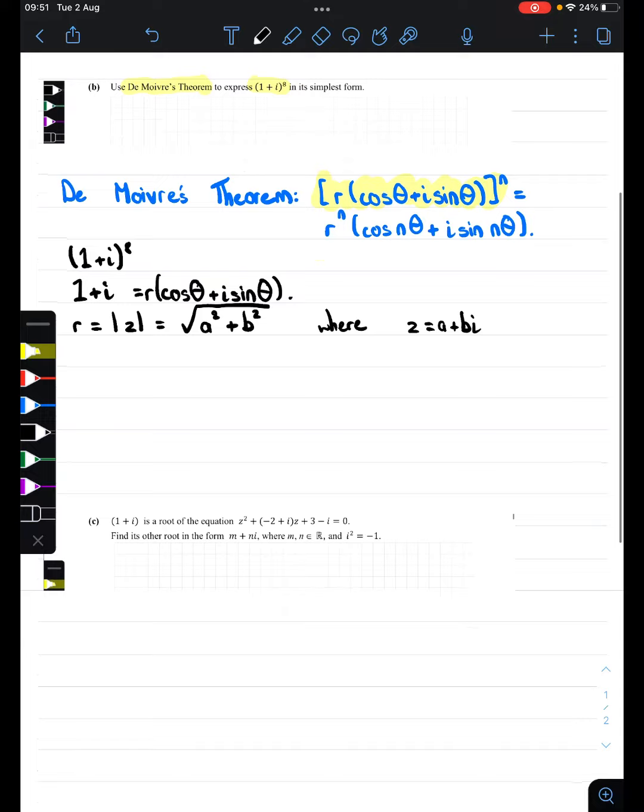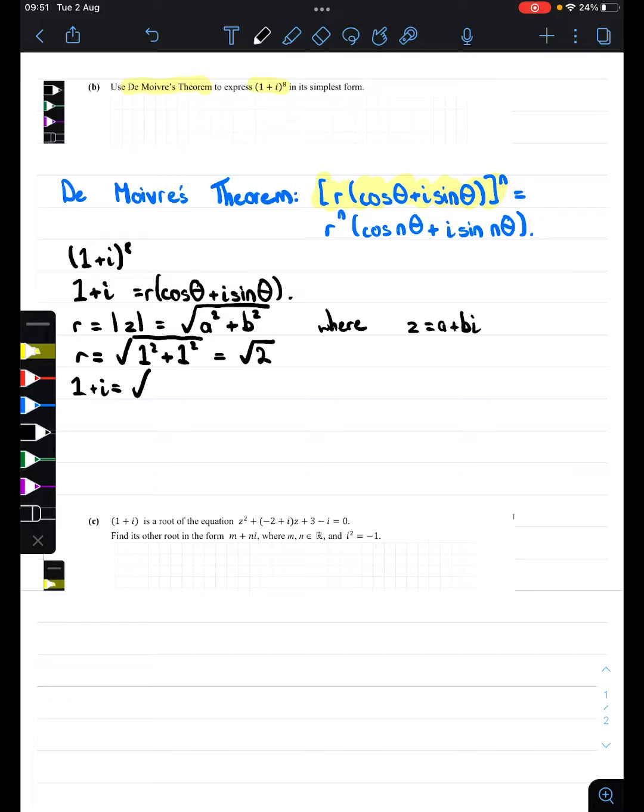Okay, so our complex number is 1 plus i, so a and b are both 1. So r equals the square root of 1 squared plus 1 squared, which is just the square root of 2. Okay, so 1 plus i equals the square root of 2 times (cosine theta plus i sine theta).